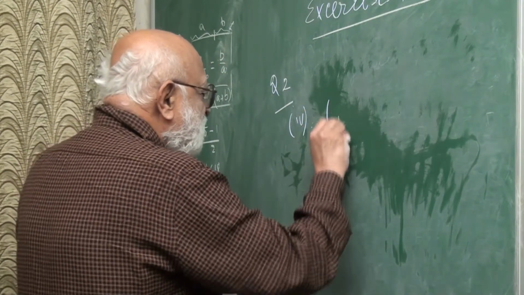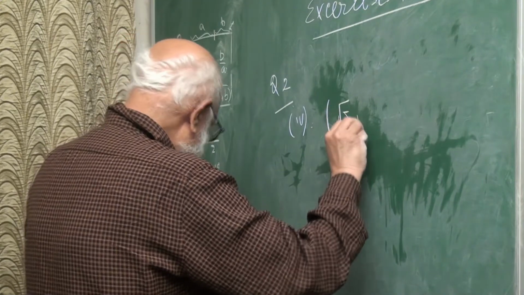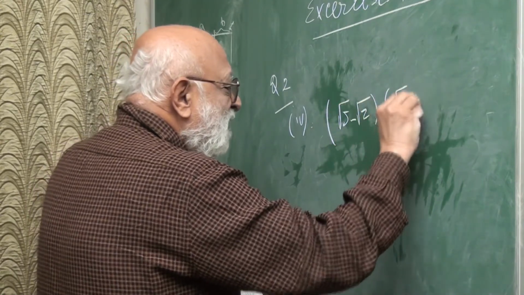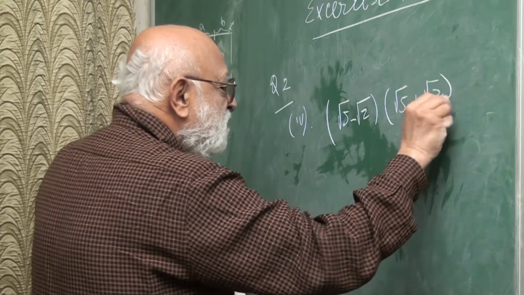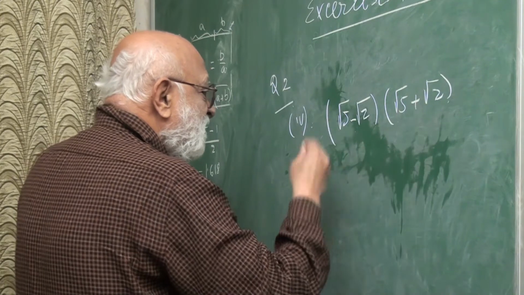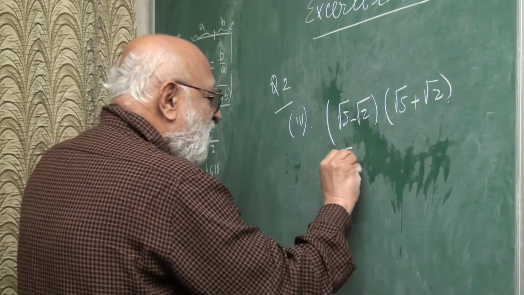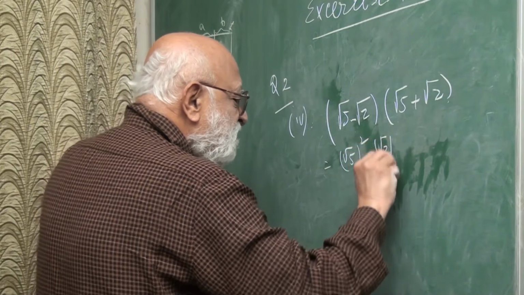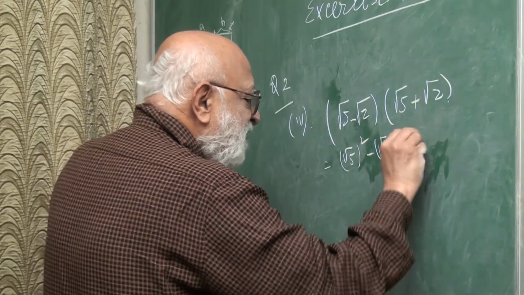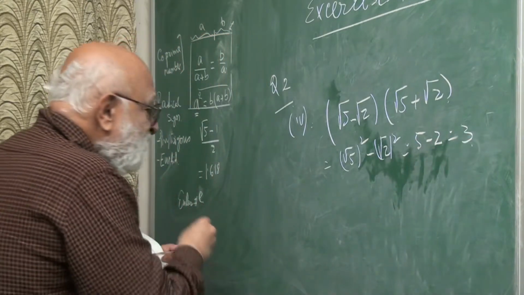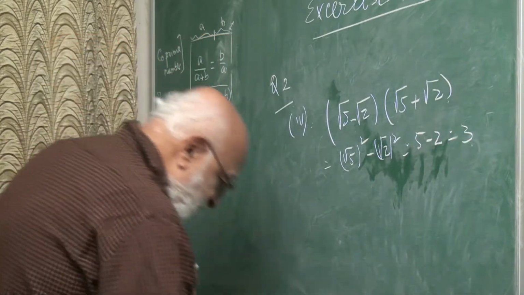There it says root 5 minus root 2 into root 5 plus root of 2. So that becomes again a square minus b square, 5 square minus root 2 square. So that is equal to 5 minus 2, that's equal to 3. So that takes care of that question.